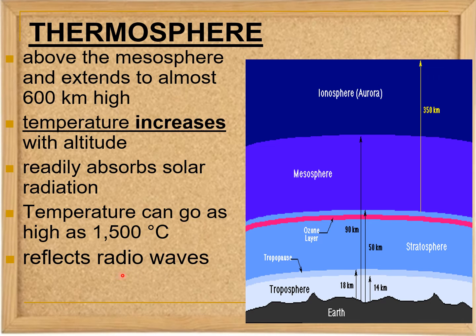The information from those space devices is transferred through these radio waves. However, your thermosphere is somewhat reflecting, meaning some of the radio waves cannot enter the Earth's atmosphere. That's the purpose of your thermosphere, to reflect some of these radio waves.